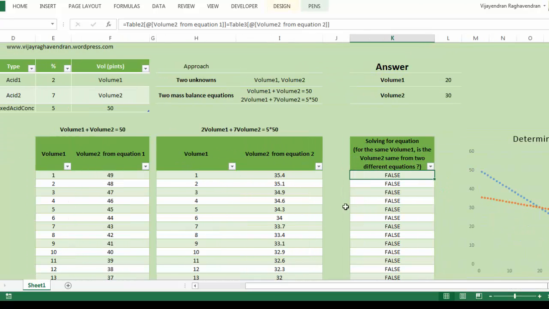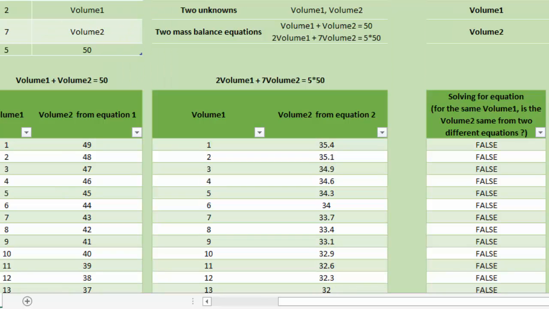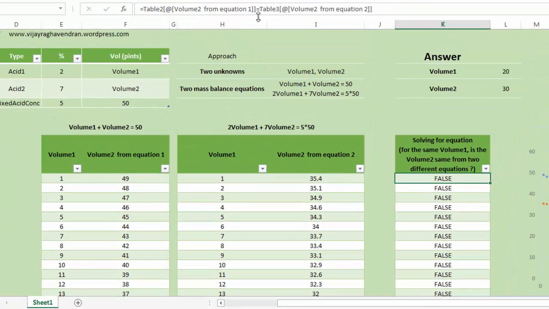I'm looking at the volume 2 from the first equation, and asking, is that equal to the volume 2 from the second equation? It's using the equal to operator. So I'm asking, is the volume 2 from equation 1 equal to the volume 2 from equation 2? Obviously, that's 49, that's 35, they're not equal.